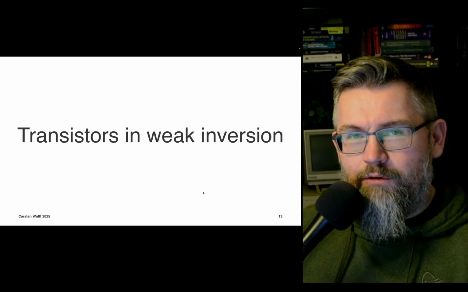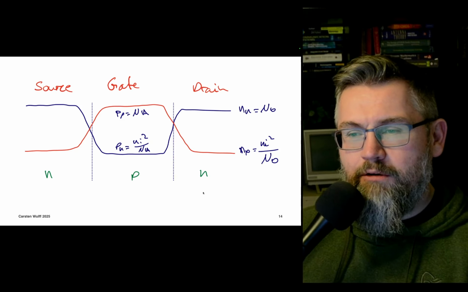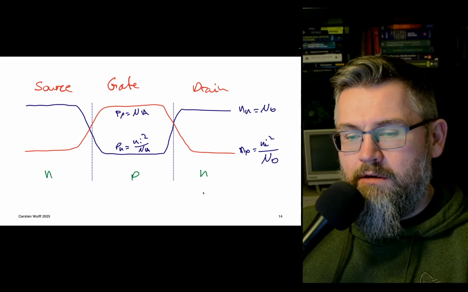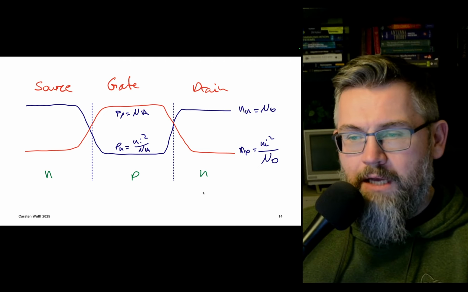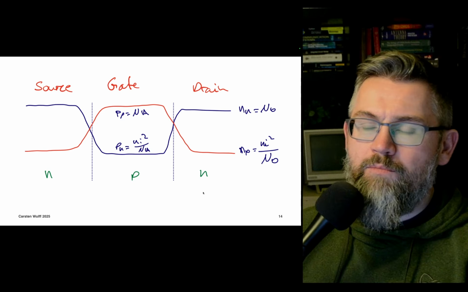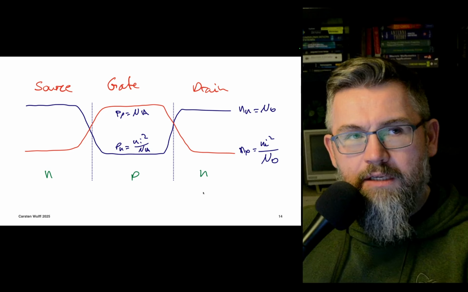So let's look at the weak inversion first. And there's really no way to look at this, I believe, without looking at the physics of the source, the gate, and the drain. And let's for now ignore the thing about the gate voltage. Let's only look at the drain source voltage and the fact that this is an NPN.